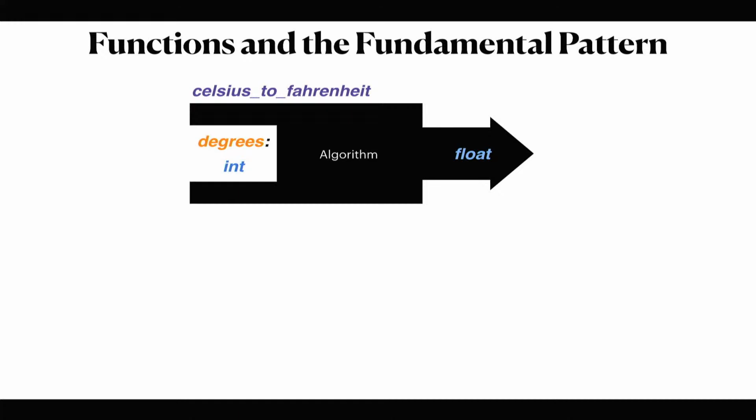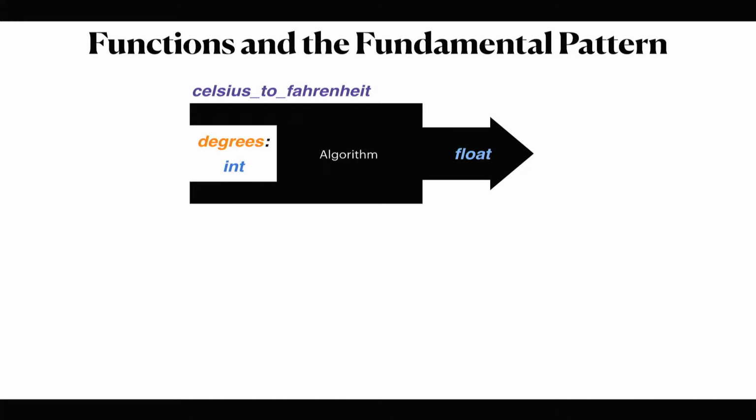This was the parameter named degrees, right? There's some algorithm. In this case, it was really just an expression, a singular formula. It wasn't really a full-fledged algorithm, but technically, there are steps involved in simplifying that expression, so we'll call it an algorithm. And then some result, right? In this case, we're going to give you a float back.